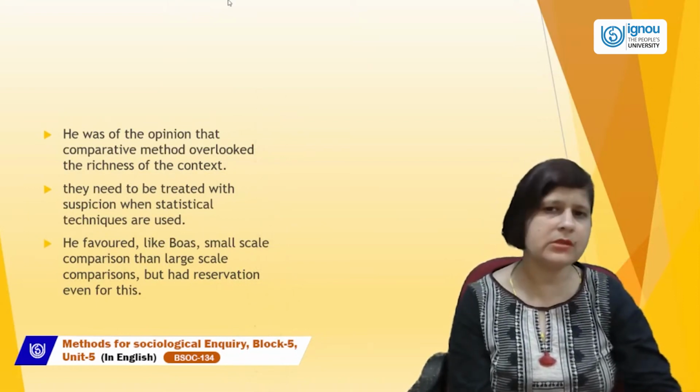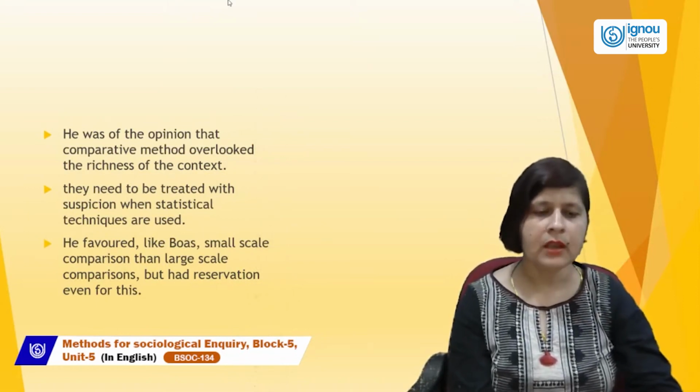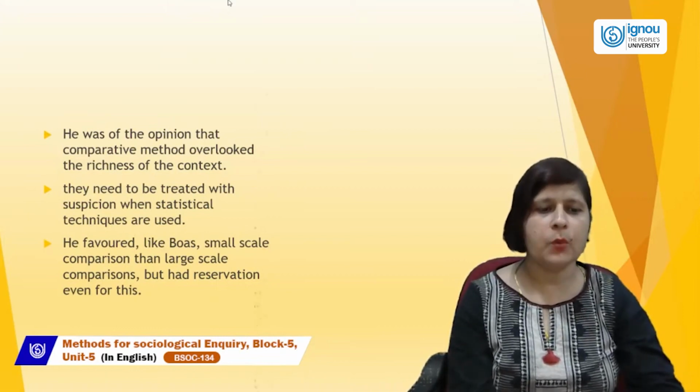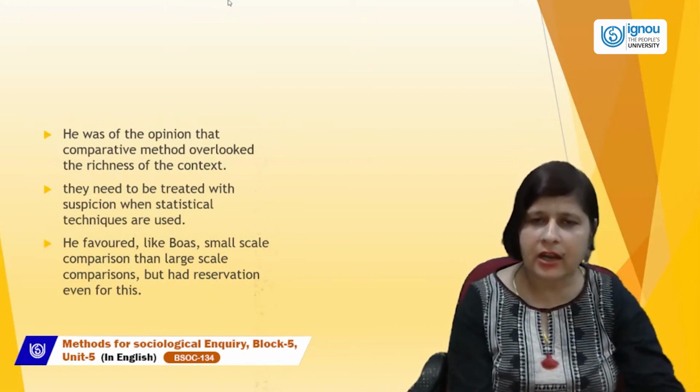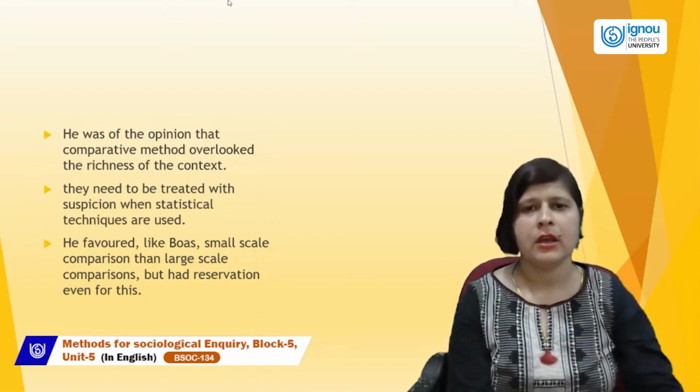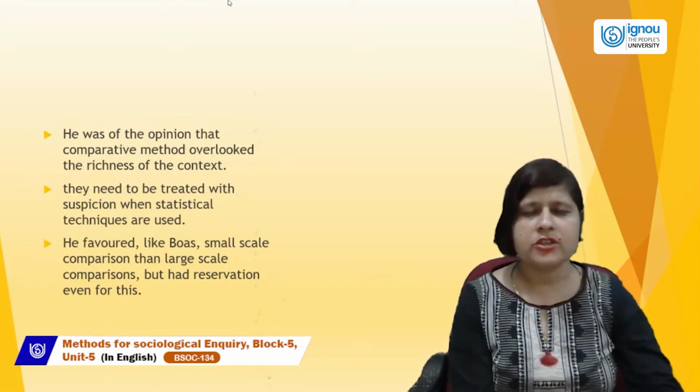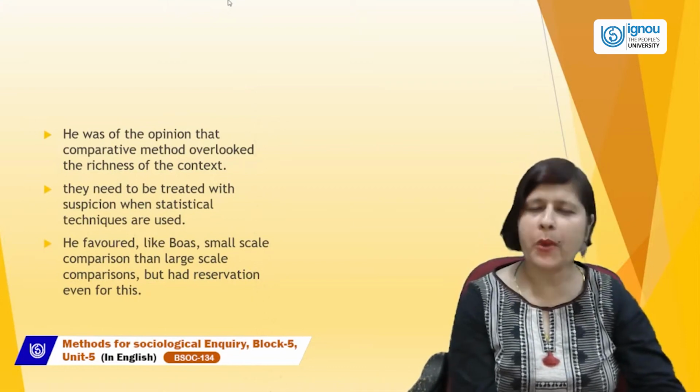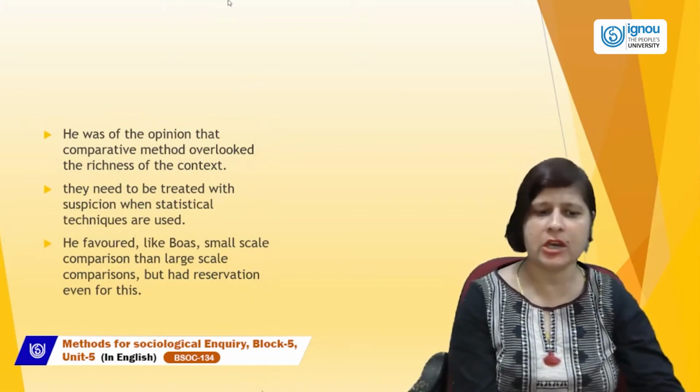We'll discuss this context. They need to be treated with suspicion when statistical techniques are used, right? When you use the statistical technique, you overlook the richness of the context, and it is questionable according to Evans-Pritchard.